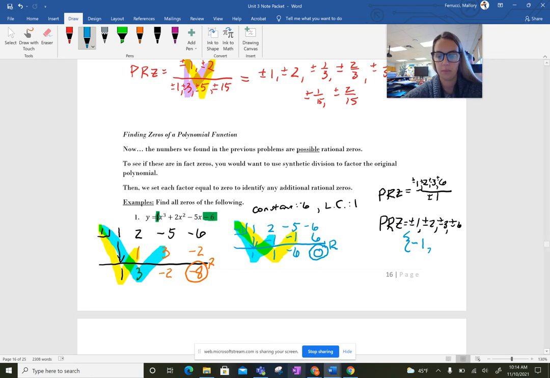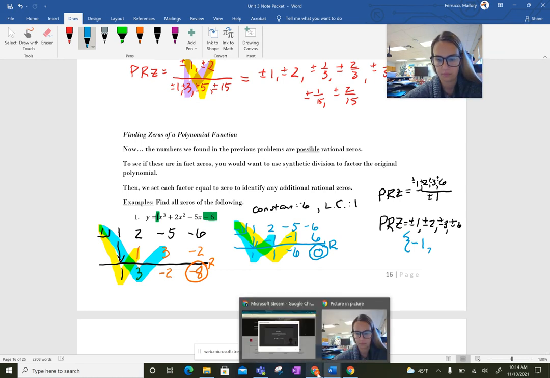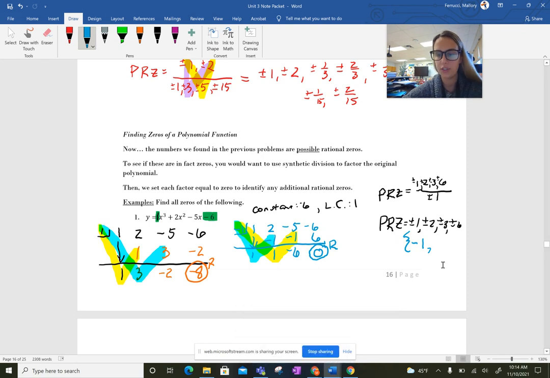From here, all we have to do is turn what we have left over down here into a polynomial. We start with an x cubed, so we have 1x squared plus 1x minus 6, and set that equal to 0. We can find zeros of a quadratic extremely easy if we know how to factor.